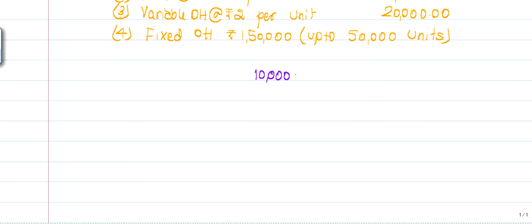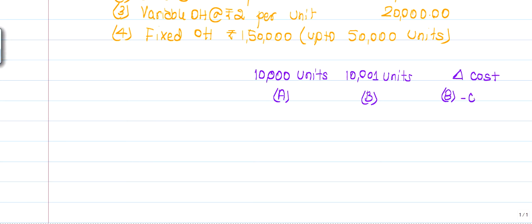Let's say this is our 10,000 units calculation, this is 10,001 units, and the change in cost will be B minus A.